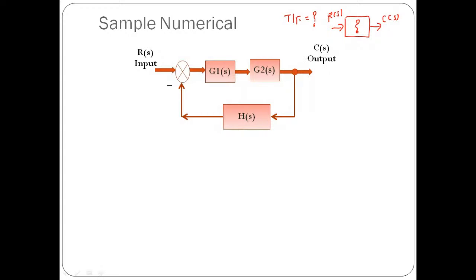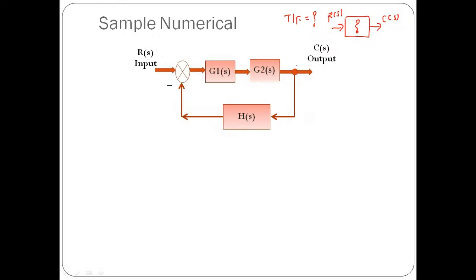Now, to solve numerical on block diagram reduction technique, first of all we need to identify whether there is any possibility to apply rule number 1. That means first we need to identify whether the blocks are connected in series. If they are connected in series, apply rule number 1 to club them and represent them by a single block.